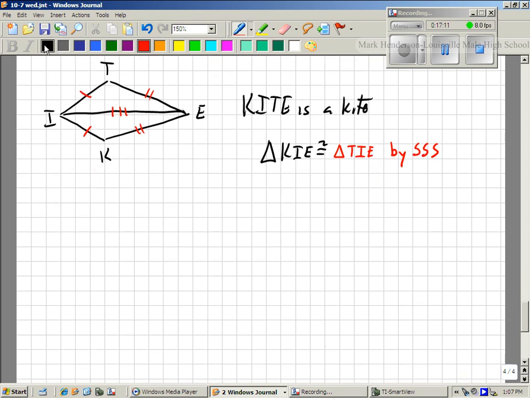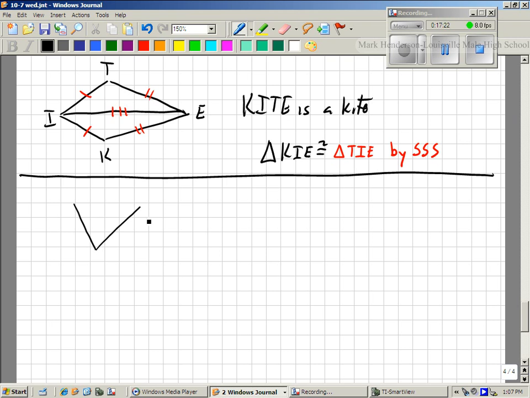Lastly, this is our last one. What about a picture that looks like this? All right, obviously it's a little bit weird. I'm going to say that this is congruent to this. I know it doesn't look like it.